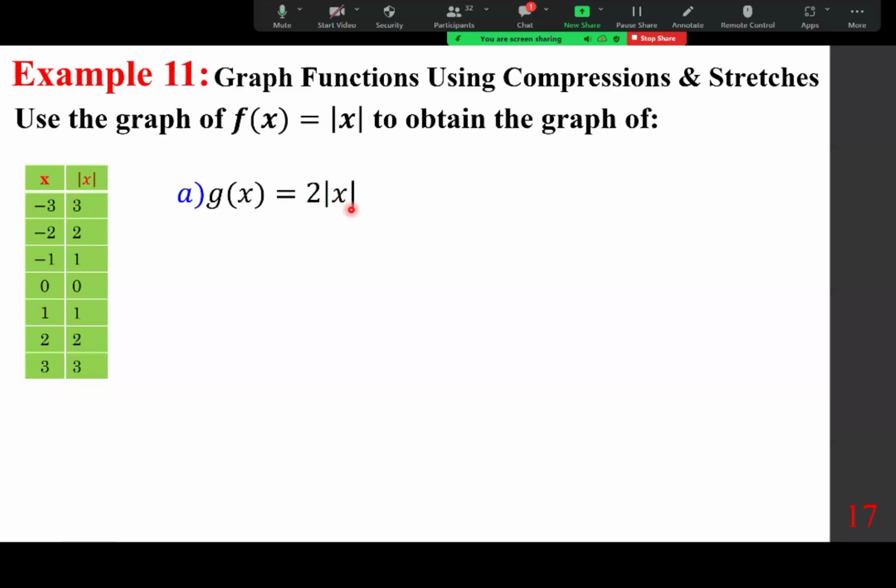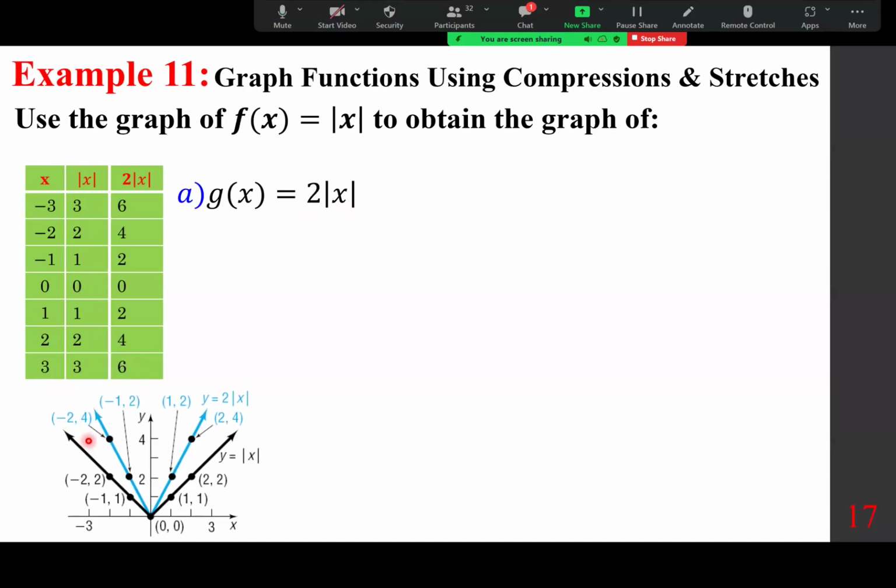Now, if we want 2 times absolute value of x, the second column, we're going to multiply it by 2. So it becomes 6, 4, 2, 0, 2, 4, 6. And if you plot those pairs, well, that was the basic y equals absolute value of x.